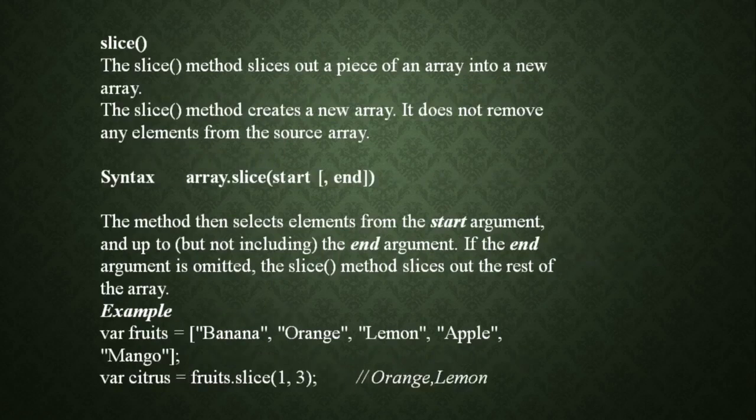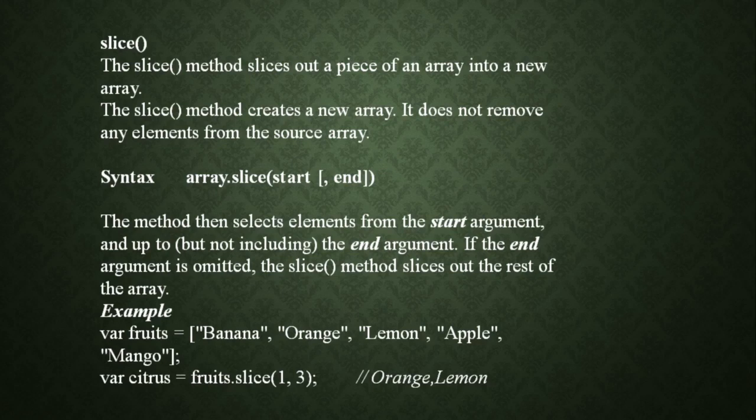Next one is slice. The slice method slices out a piece of an array into a new array. In this example, I am using the slice method: fruits.slice(1, 3), with a starting index and an end.